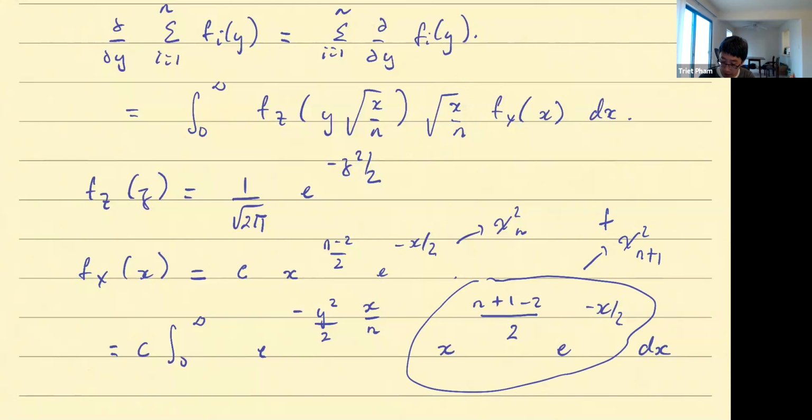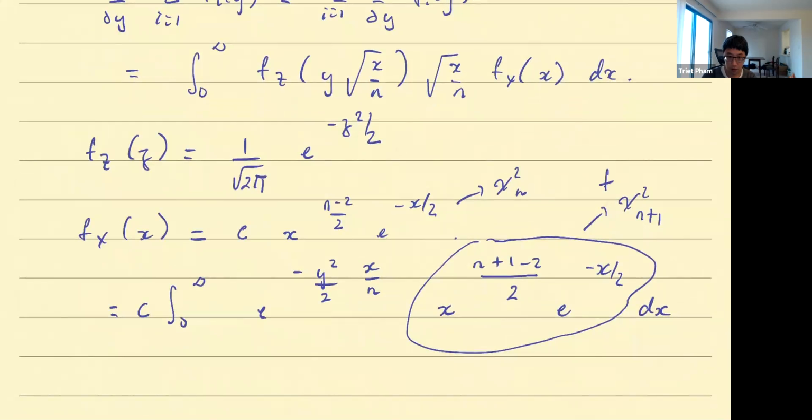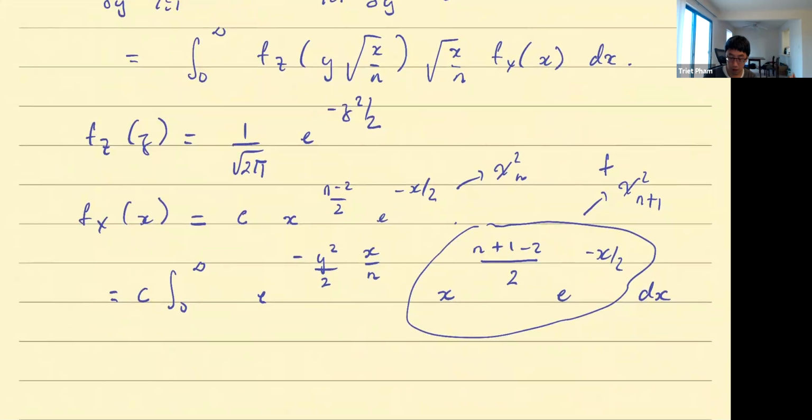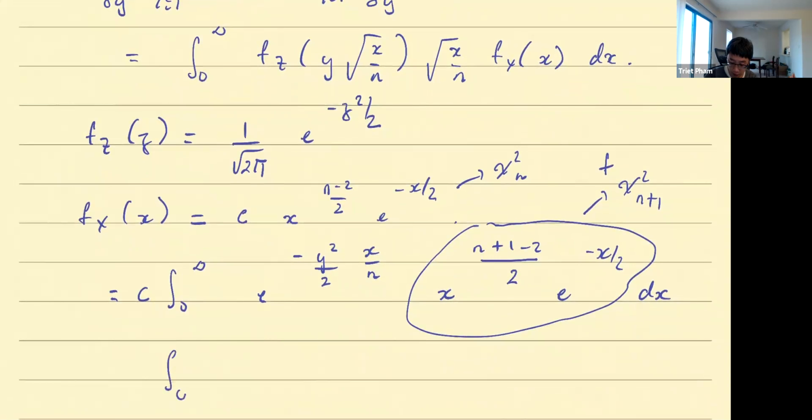Then, if I view it like this, how can I take care of this exponential term? So let's simplify this a little bit. Suppose I have some structure like this.